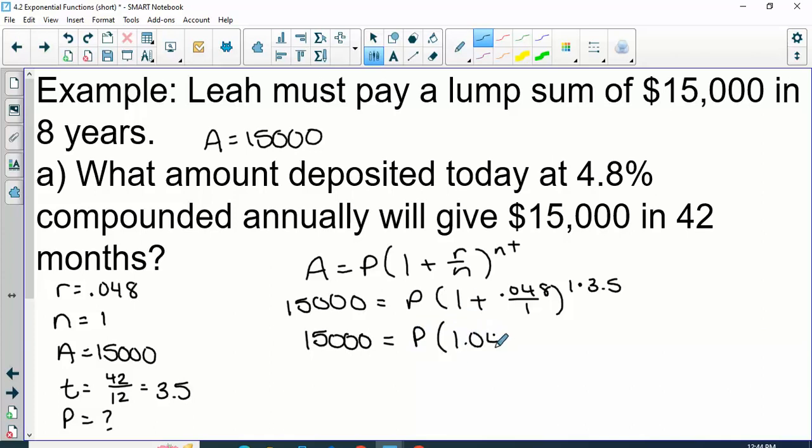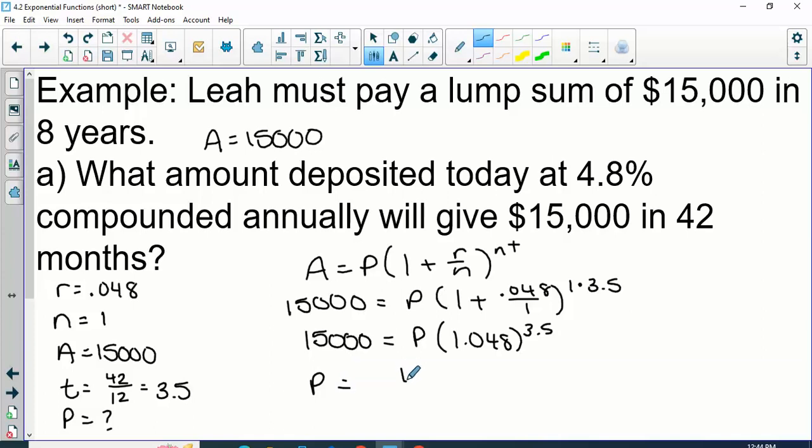If you want to clean that up a bit, you can. But ultimately, what am I going to have to do to get P by itself? You have to divide.